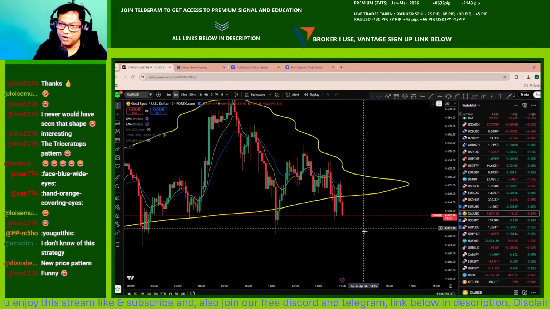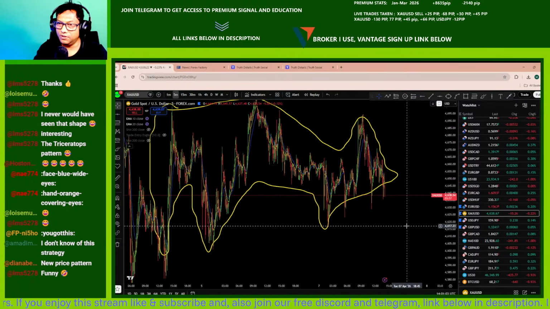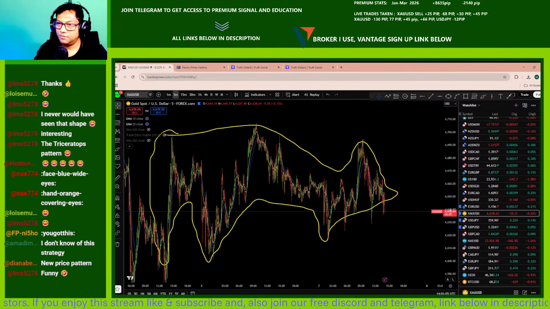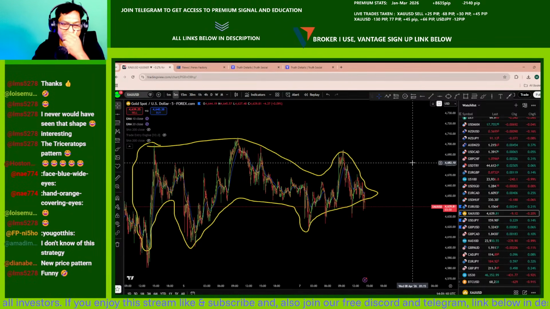And with this breakout, the market is slowly breaking below this level. Yeah, so this is a complete Triceratops pattern that you can see here in that market.